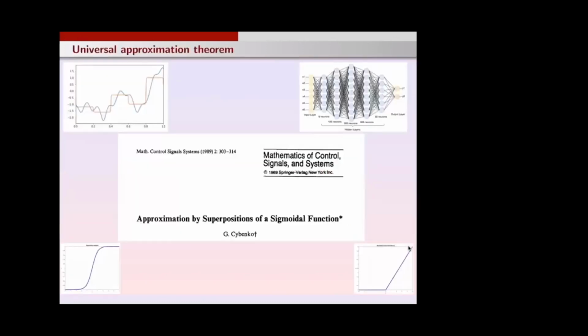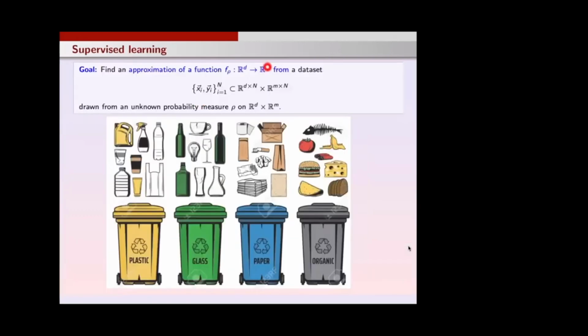How do you do better? Well, it means that we have to tune our neural network a little bit better.